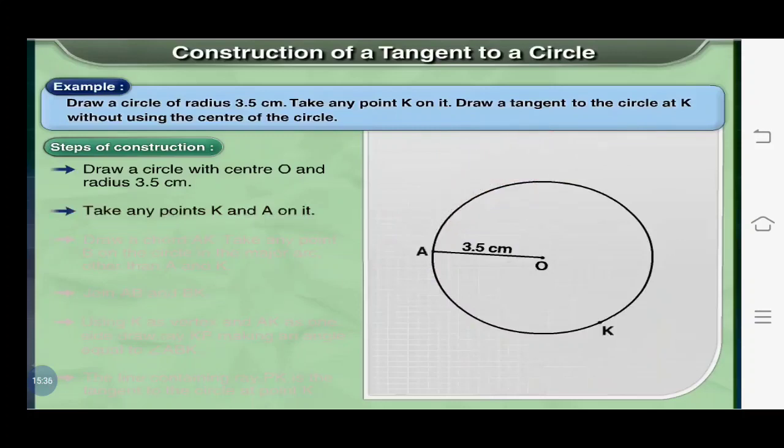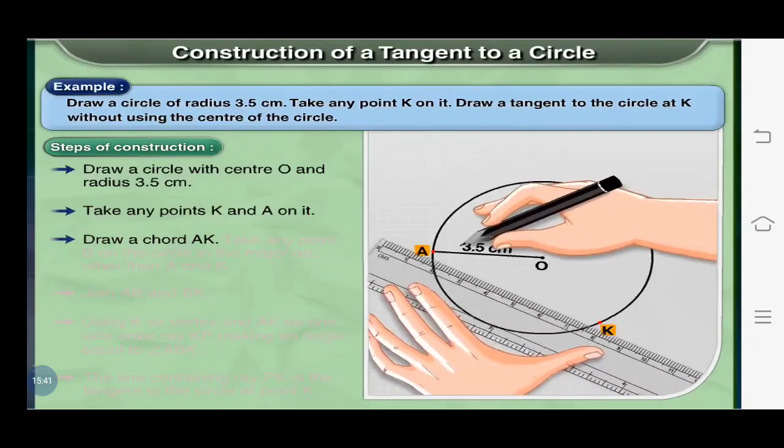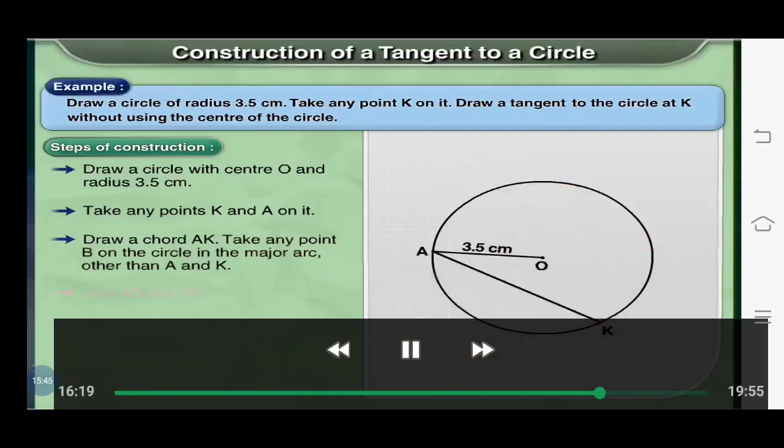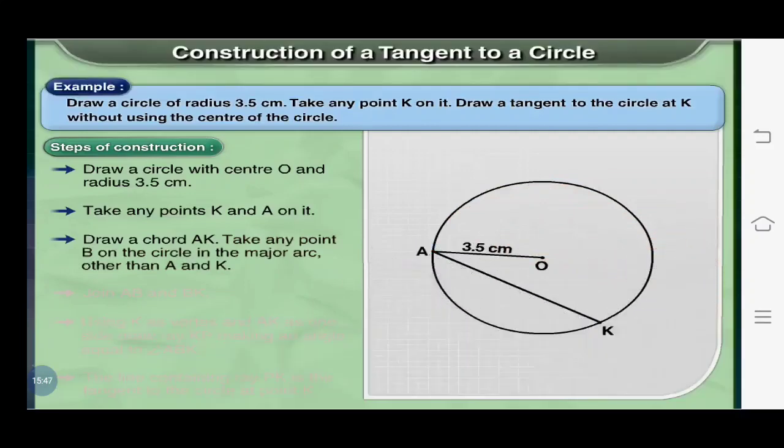Draw a chord AK. Take any point B on the circle in the major arc other than A and K. Join AB and BK.